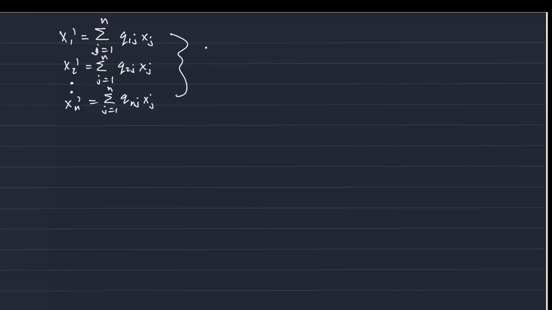Or in other words, the ith component of the transform system, xi prime, is equal to the sum over j of qij times xj. And this is our system of equations.